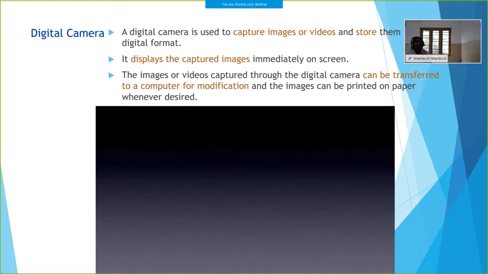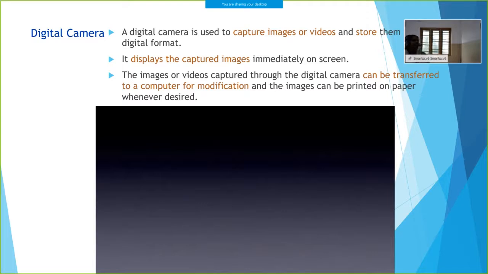A digital camera is used to capture images or videos and store them in a digital format. What's the use of that digital camera? This digital camera is also an input device. It is used to capture images or videos and store them in a digital format.